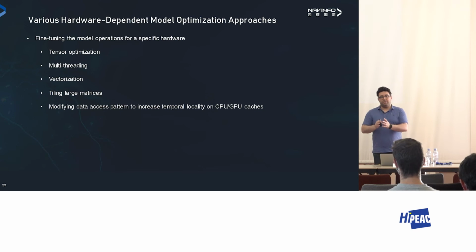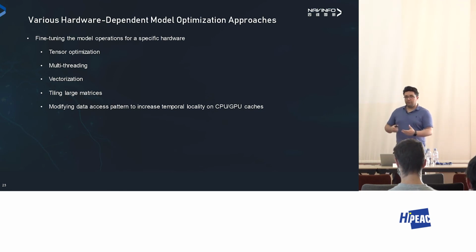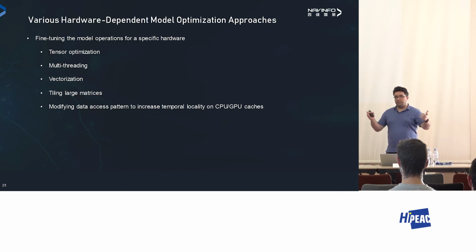But I would say at least the beginning is fully manual, but then we have some form of automation in some of these libraries, which is just running a series of tests, which can take, I don't know, hours on the hardware. And then they specify what is the best combination for this dimension, for that dimension.